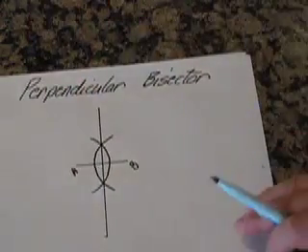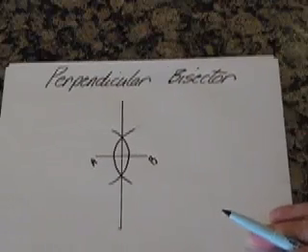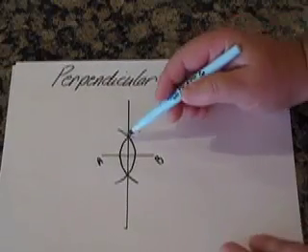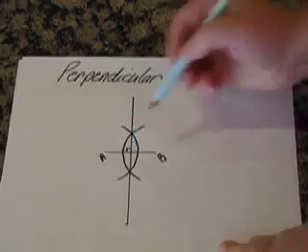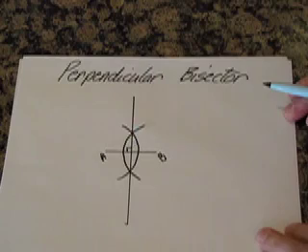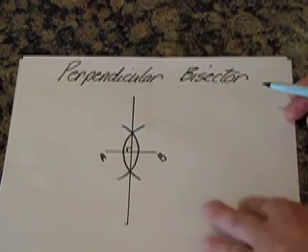Every point on that line will be the same distance from A and B, and that angle will be a right angle. Perpendicular bisector.